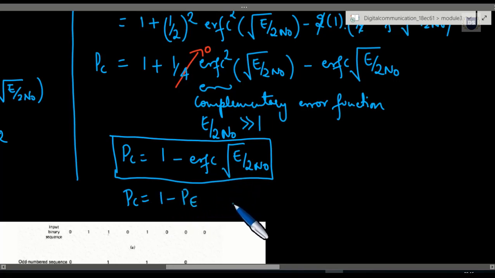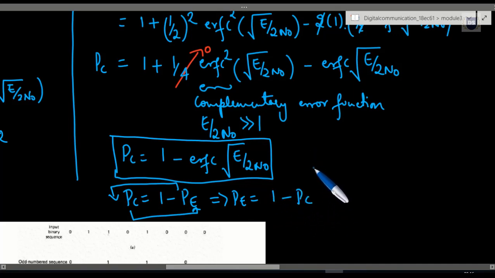In turn, if I were to rewrite the formula for PE, all I have to do is take this PC onto our right hand side and move this PE onto the left hand side, and in turn the probability of error is equal to 1 minus PC. So thereby the probability of error for QPSK is approximately equal to, because we are making use of this approximation.